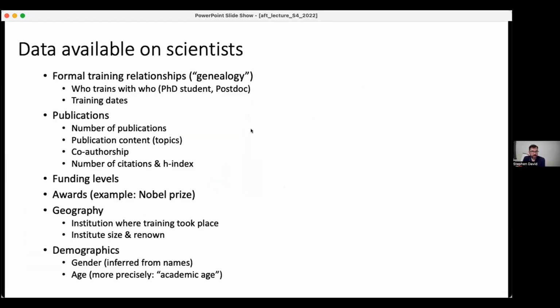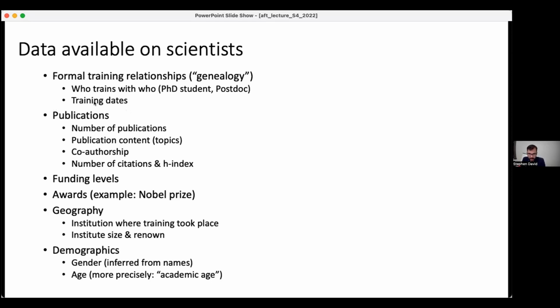Okay, so we're interested in mentorship, but of course, if we want to study careers and individuals in science, there are a lot of different variables that we might want to measure, right? So there are formal training relationships, or the genealogy that I alluded to already in the graph, and that contains not only the nodes and the types of relationship.